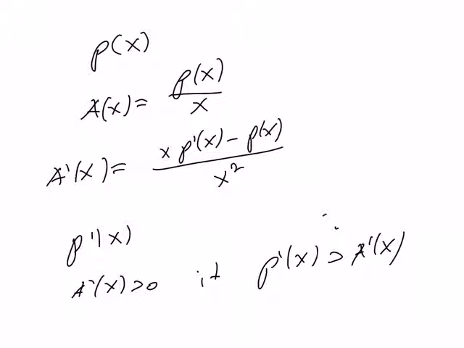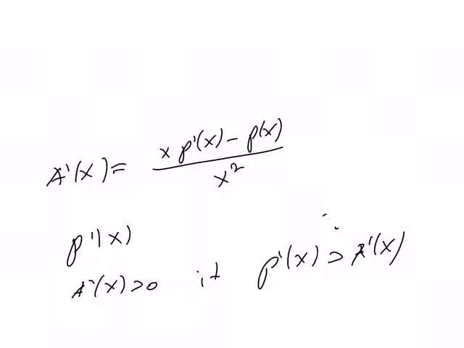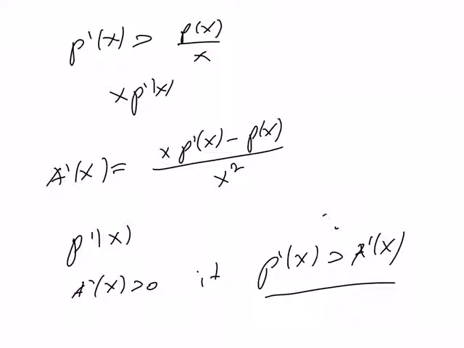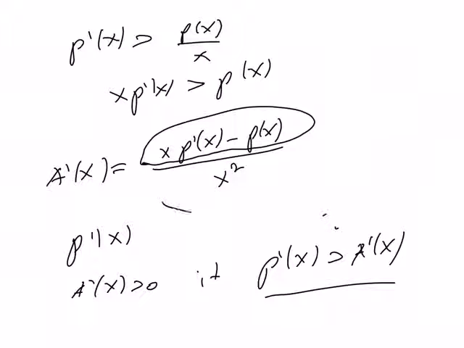So let's see, if we have P prime of X is greater than P of X over X, which is exactly what this statement is saying, then we are going to have that X times P prime of X is greater than P of X. So this is positive, so this whole thing is positive, right, because X squared is positive.